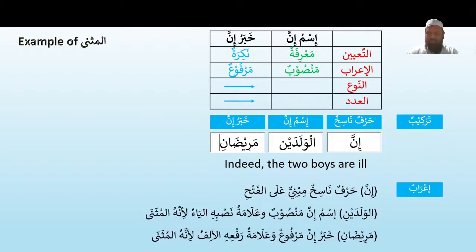Look at the اعراب, exactly the same. إن حرف ناسخ مبني على الفتح. الولدين اسم إن منصوب. Now because it's مثنى, what is the sign of مثنى in منصوب case? وعلامة نصبه الياء لأنه المثنى. مريضان خبر إن مرفوع.